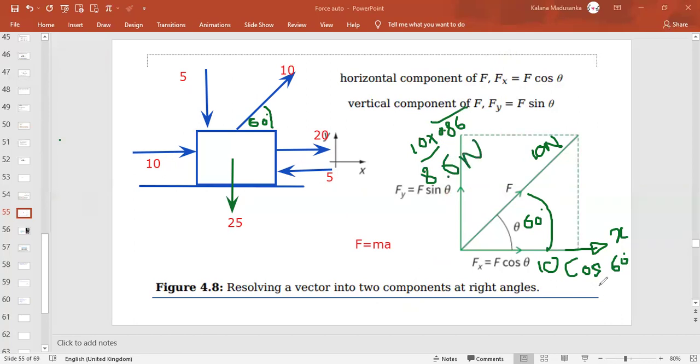And for the horizontal component it becomes 5 newtons, cos 60 is 0.5.